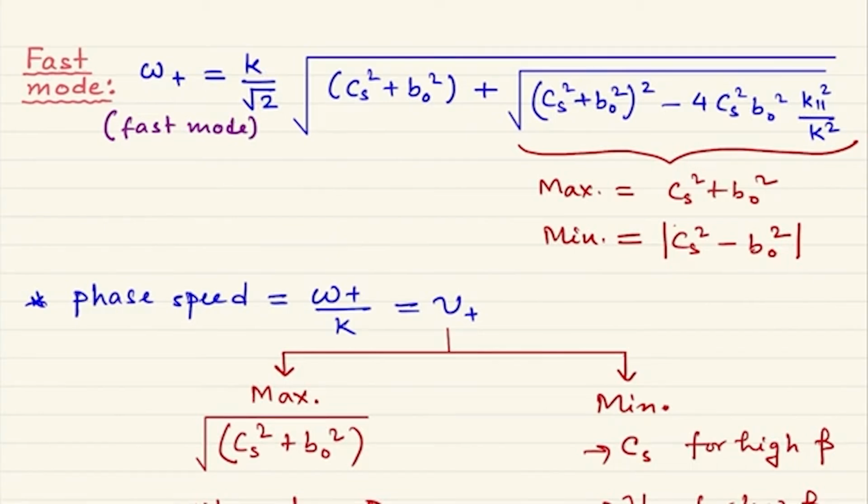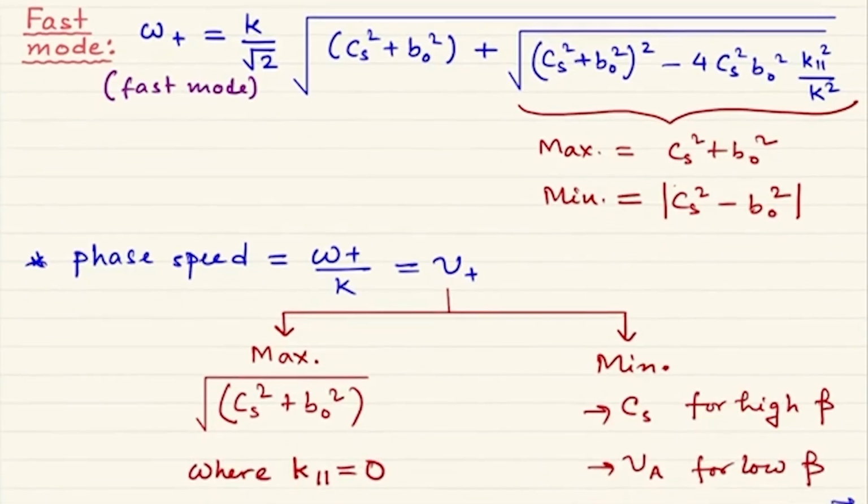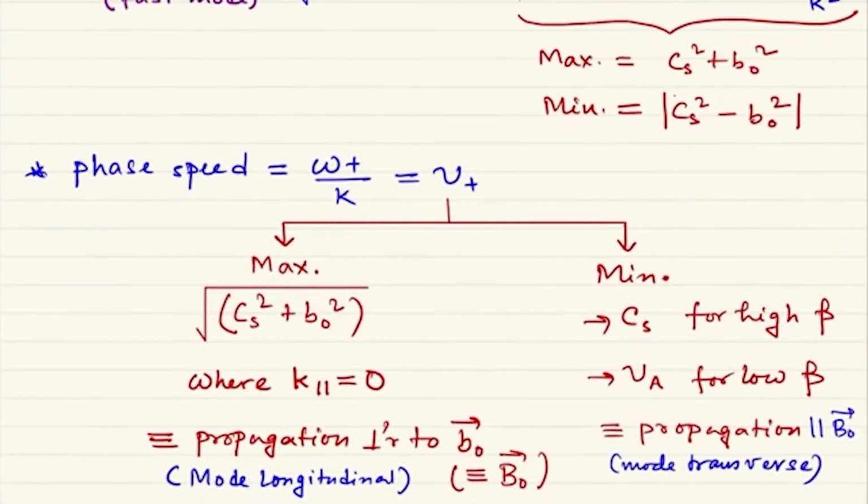Now try to understand, this factor can have a maximum value when this term is minimum, because this is getting subtracted from this one, and this term is minimum when k parallel is equal to 0. That means when the propagation is perpendicular to B0, the propagation vector has no parallel component.